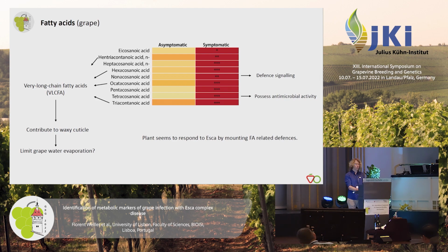So we postulate that the change in the cuticle might be to limit water evaporation to counter those drought symptoms. And so the result seems to show that the plants mount a fatty acid-related defense to respond to the Esca infection.